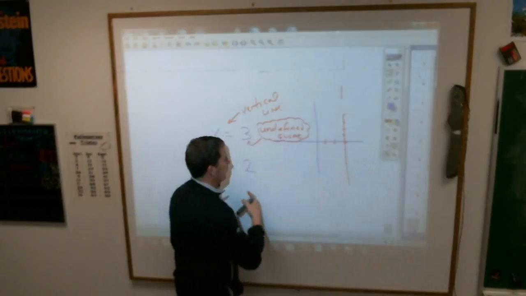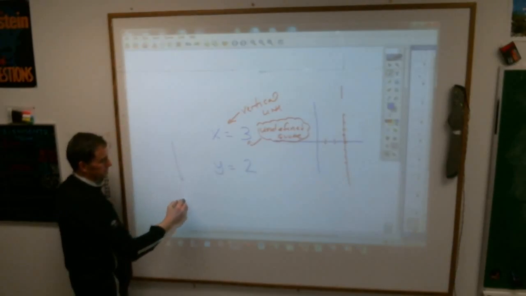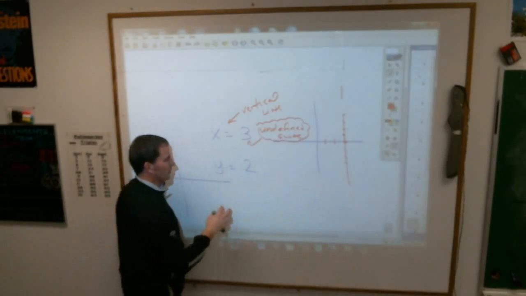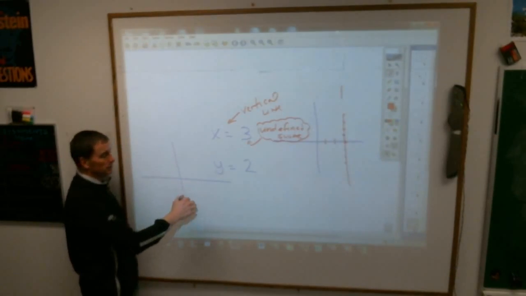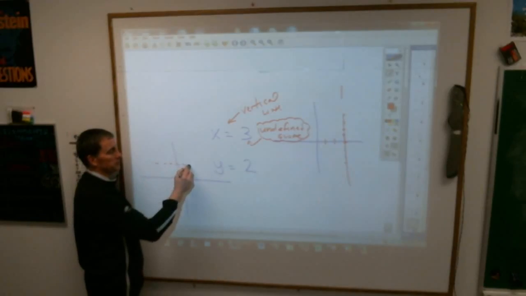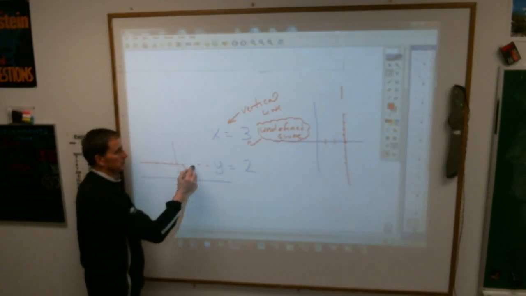If it is y equals 2, just like with the x, it doesn't matter what x is, y is always 2. Where's y 2? Y is 2 here. So y is always 2 no matter what x is.